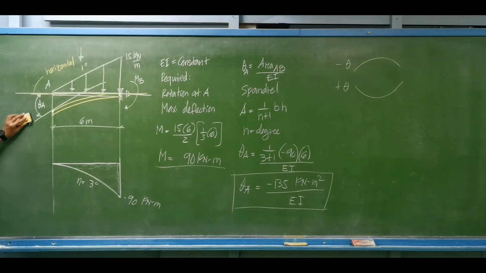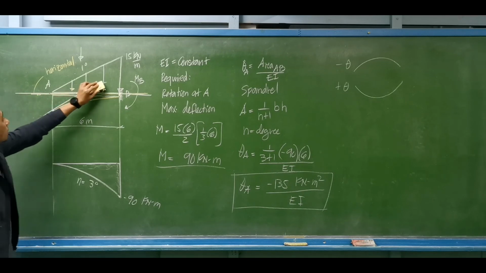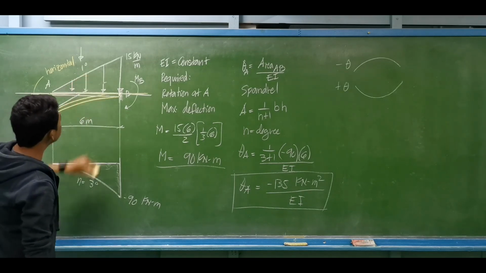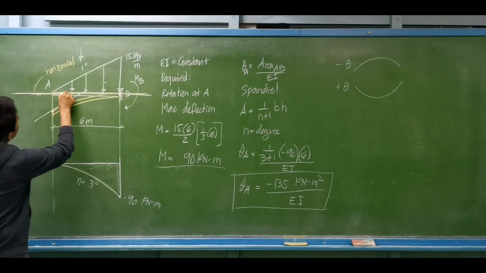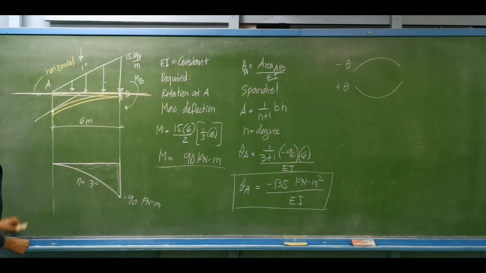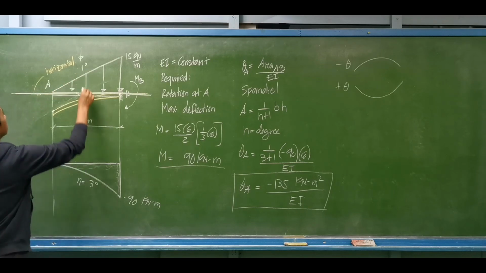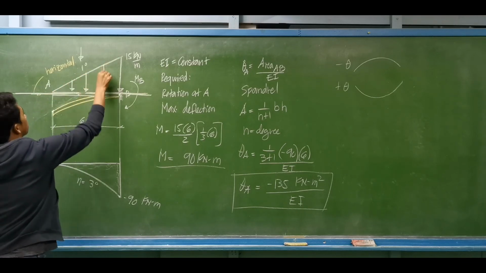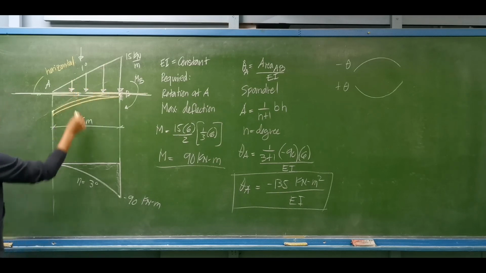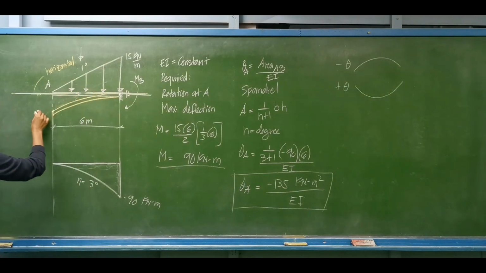So for the maximum deflection, this is a tangent line drawn from point B, the one from earlier. Let me remove that. So this is the value of the maximum deflection. Let's say this is Y max.